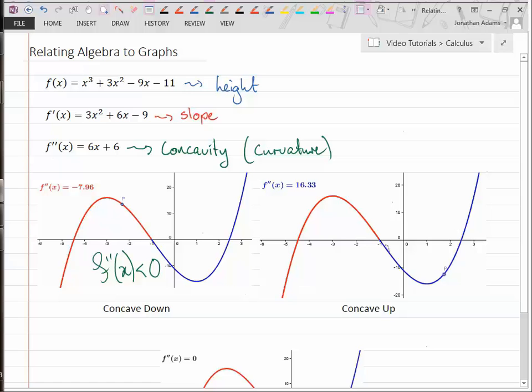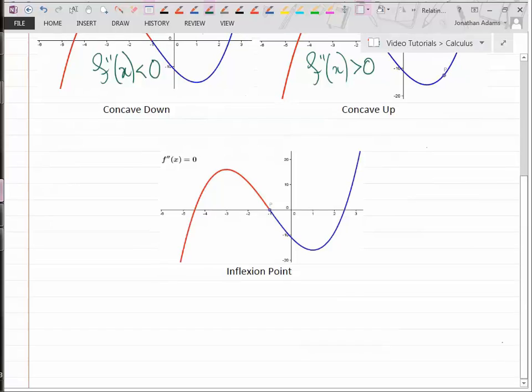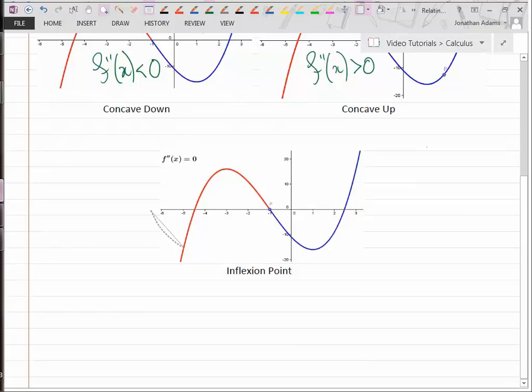If we're in a situation like this where we're concave up, then we expect that the second derivative should be greater than 0.